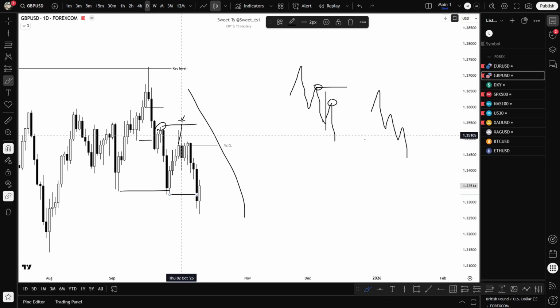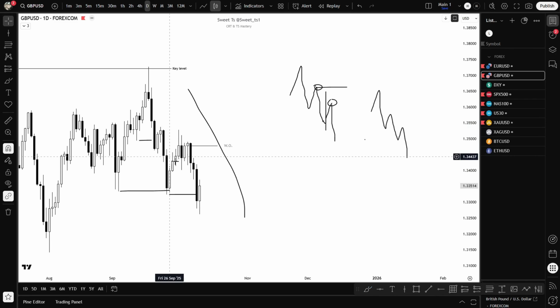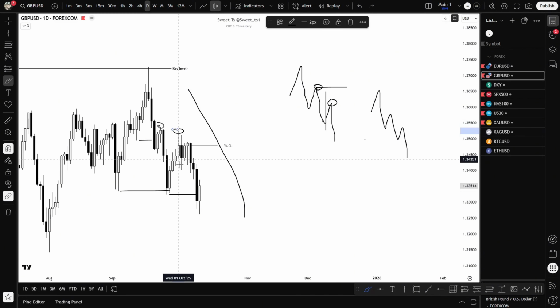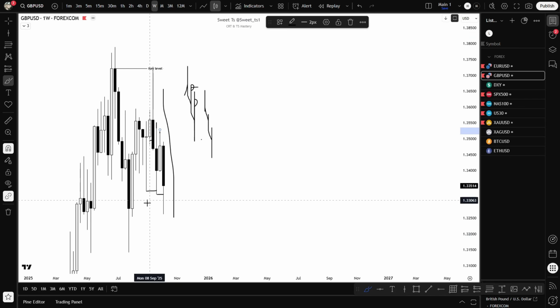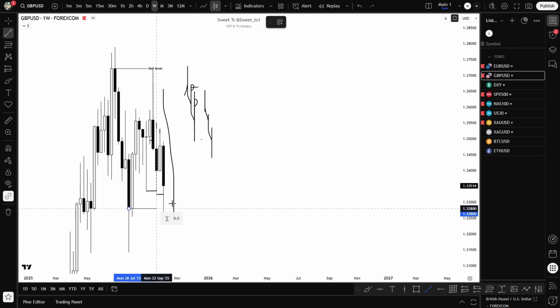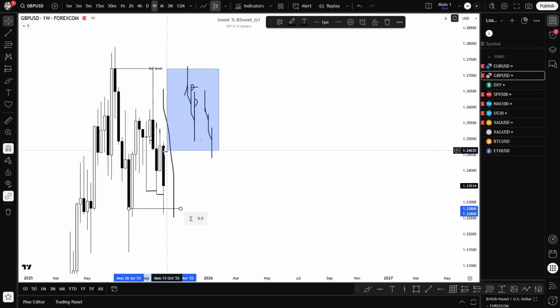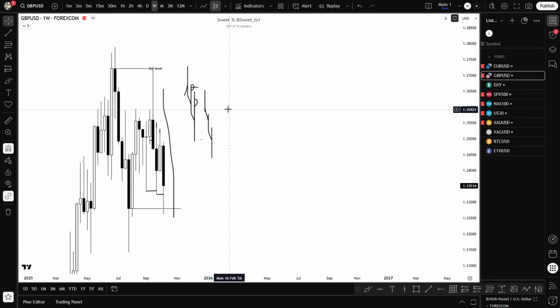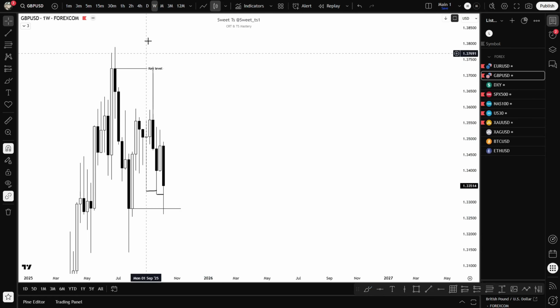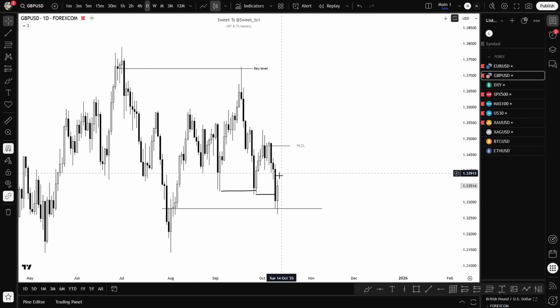So we have the first high. Let me delete this. Right? We have the first high, second high, expansion, and we top the weekly key level right here. So this is a new idea, right?